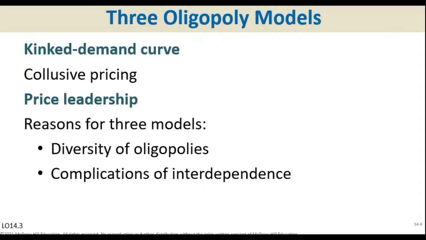First, oligopoly deals with a great range and diversity of market structures. Second, the decisions made by an oligopoly depend on the actions of its rivals, and that makes it difficult to explain the behavior without several models. Each of the models is described in the following slides.